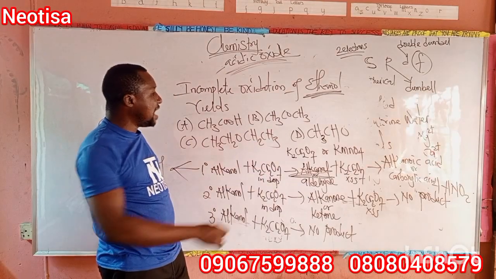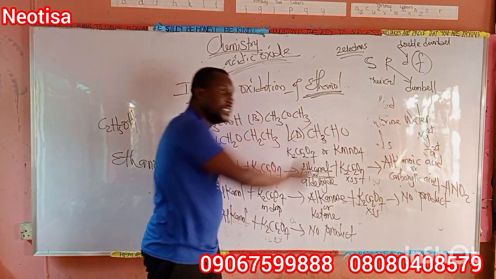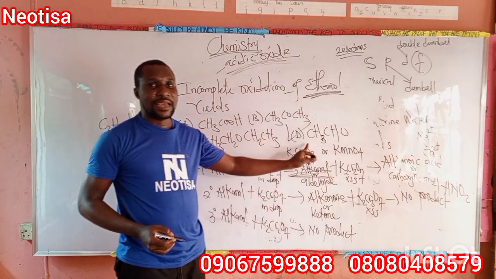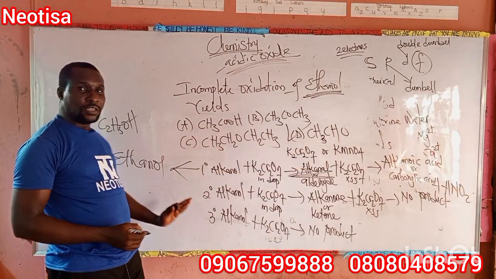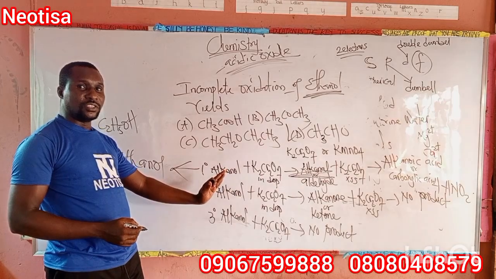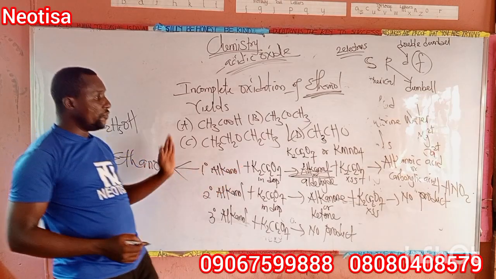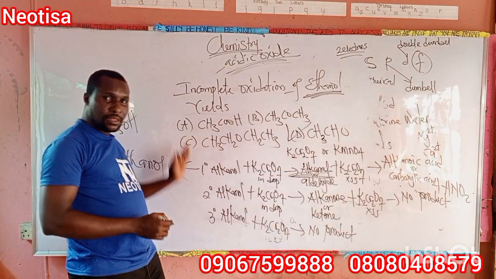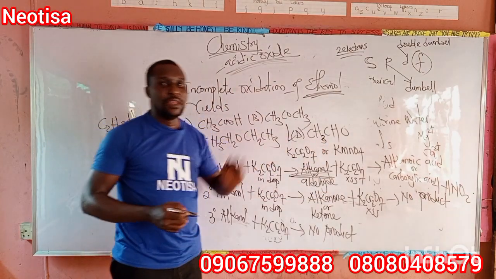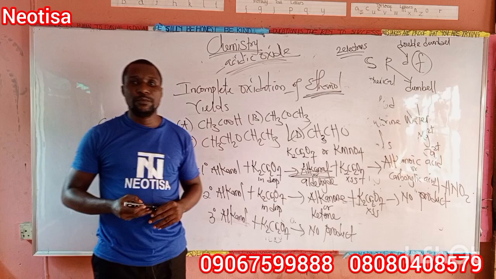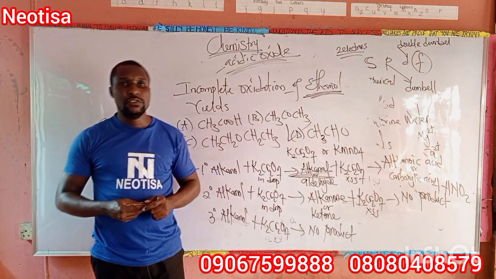Which one of them is the alkanal? Option D. That means when ethanol undergoes incomplete oxidation with an oxidizing agent, it forms the alkanal from ethanol. At this moment, let us stop here.